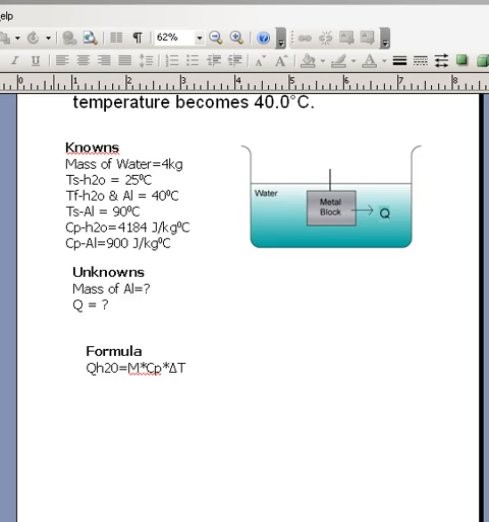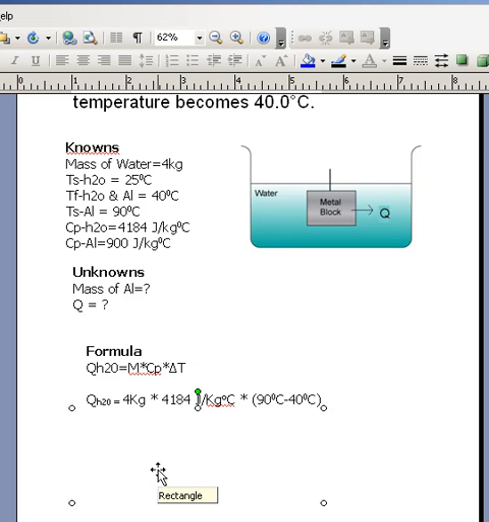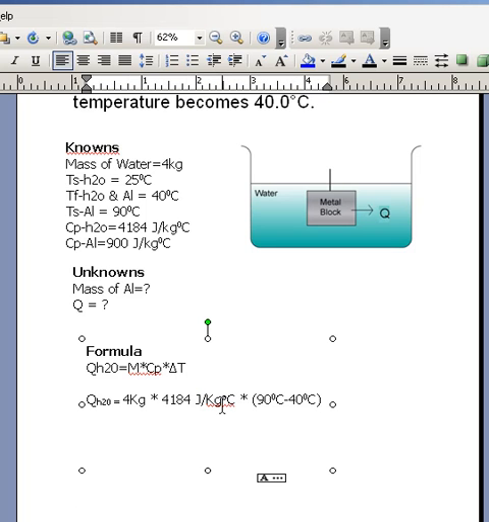First of all, the formula that we're going to use is the heat transfer of water is equal to the mass of the water times the specific heat of the water times the change in temperature of the water. So as we go down, what we're doing is we're saying H2O, and we're plugging in the numbers from up here into here, is equal to 4 kilograms times 4,184 joules per kilogram Celsius degree times the change in temperature.